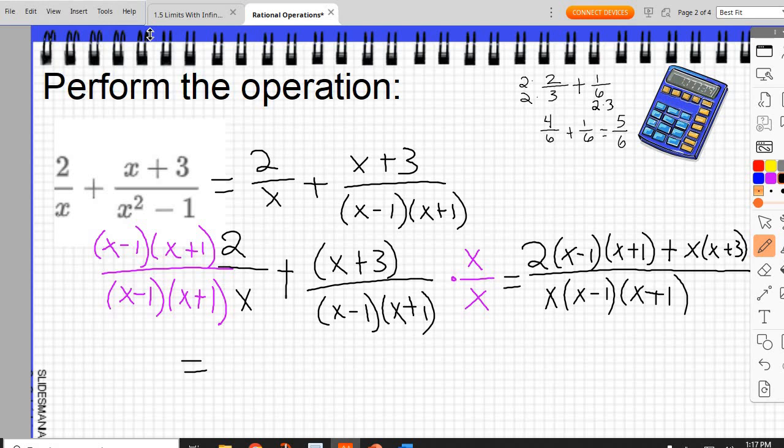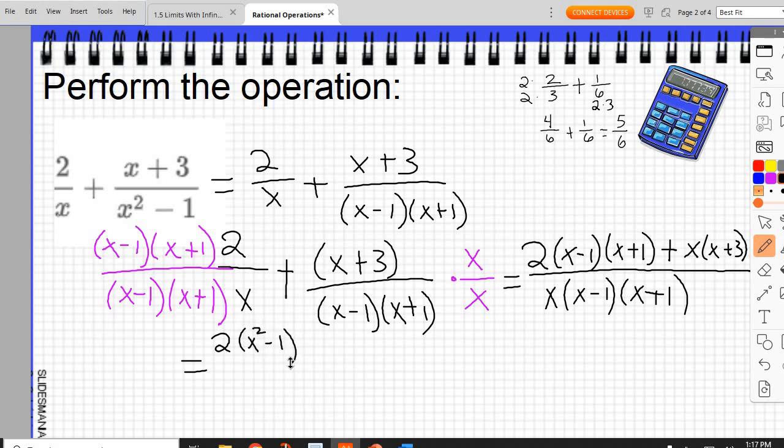What should we get? X squared minus 1, right? Notice that we factored x squared minus 1 out to get x minus 1, x plus 1. So if we multiply it out, we should get back to the x squared minus 1. Yes? Okay. So now we have 2 times x squared minus 1.